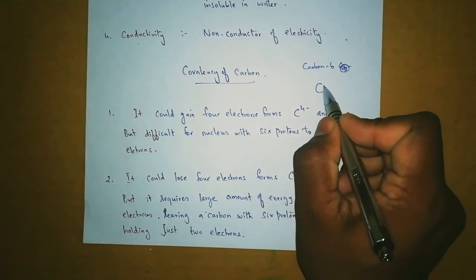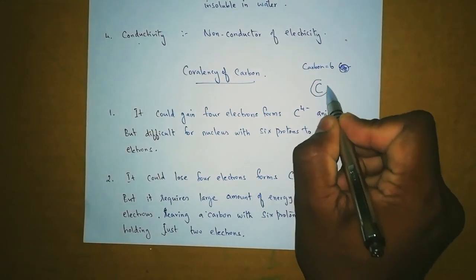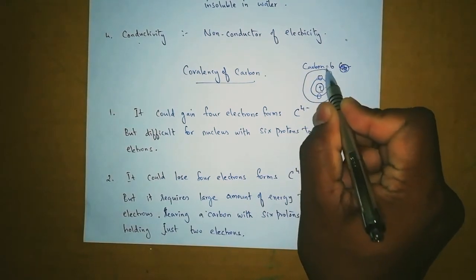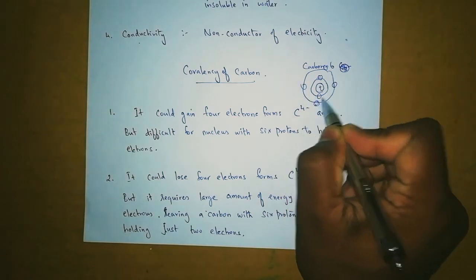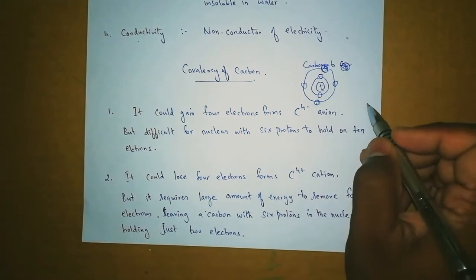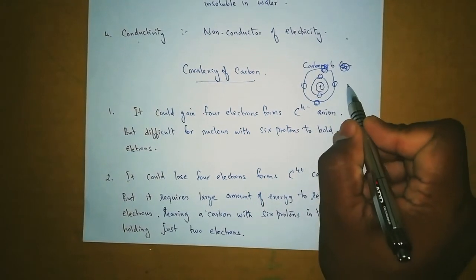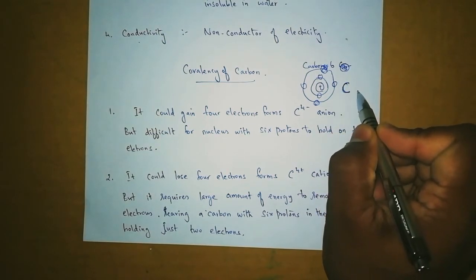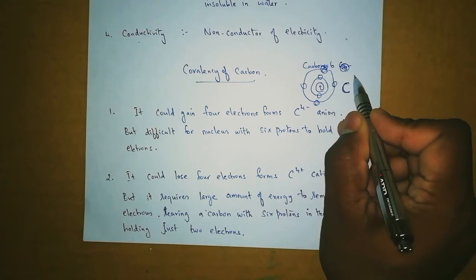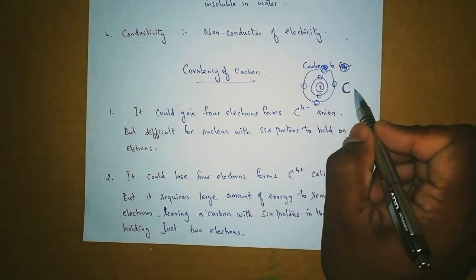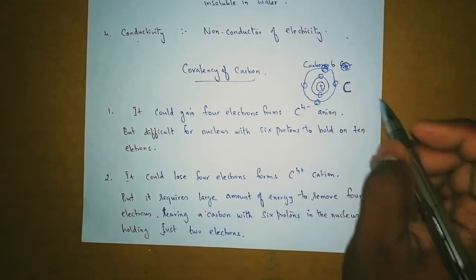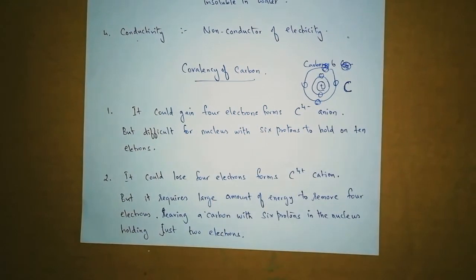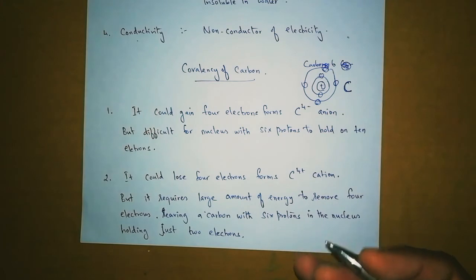So that means this is the nucleus, and they have 2 electrons in the first shell and 4 electrons in the last shell. So carbon actually has 4 electrons on the last shell. If carbon wants to gain or lose electrons, what does it do?